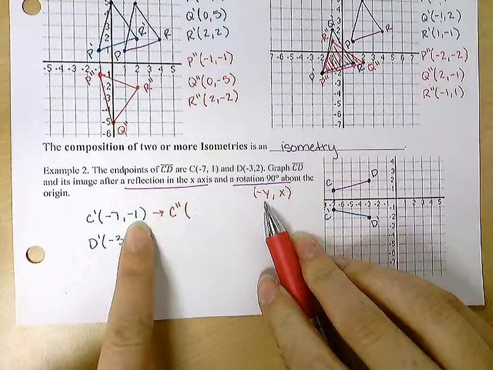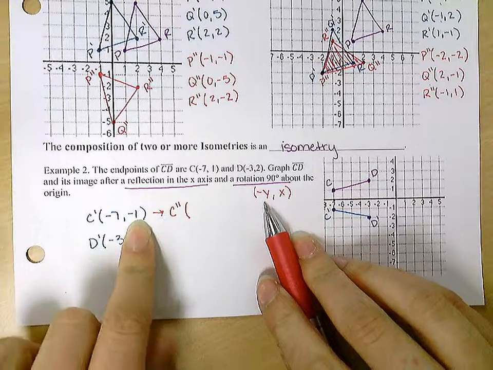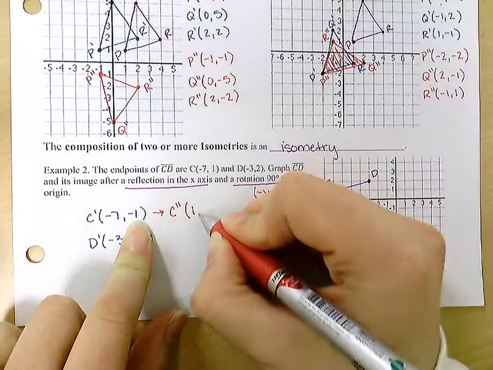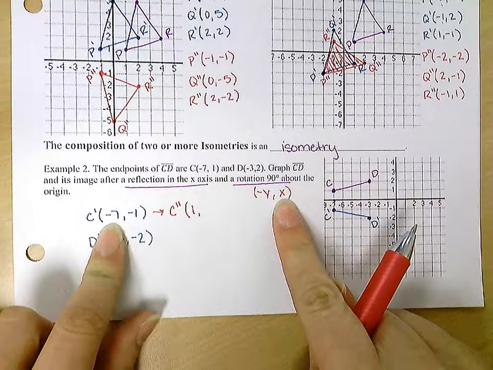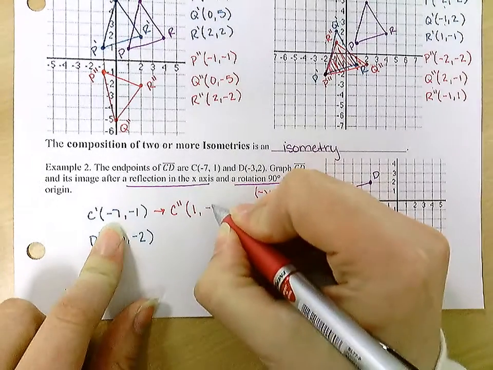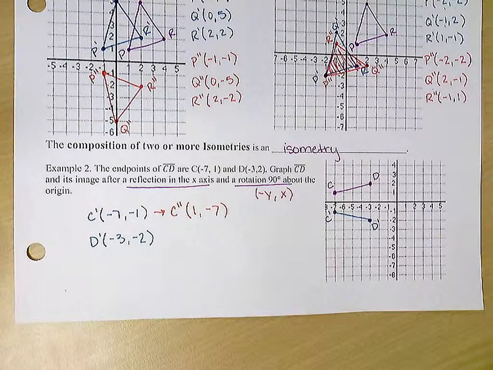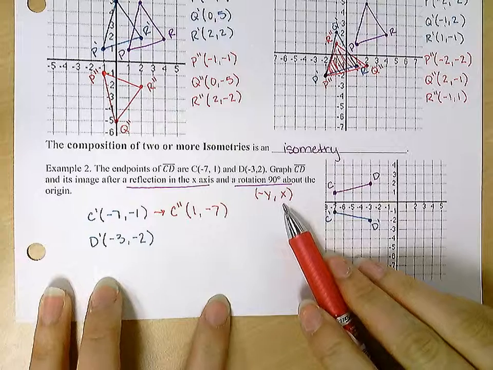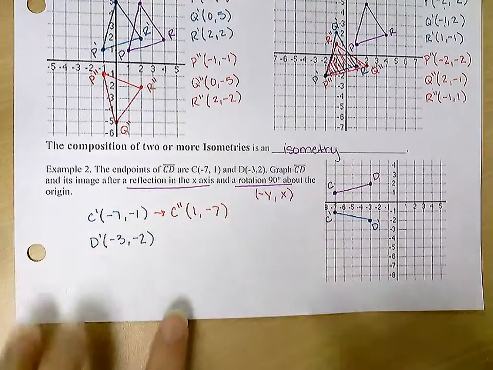My y value in C prime is -1. What's the opposite of -1? +1. And then I want to keep my x value the same. Since my x value is -7, I should keep it as -7. Do not change it to a +7 just because this says x. You need to keep it as -7.